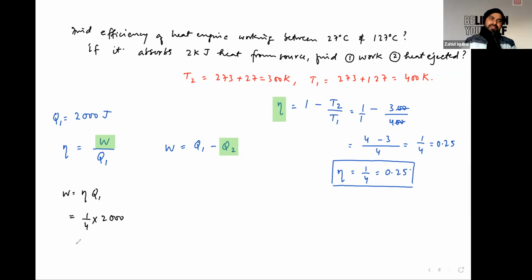So 2000 divided by 4 will be 500. Good. So it will be 500 joule that is work done in this part. Now put these two values in this middle one, you will get Q2. Work done we have 500 and Q1 we have 2000. So just simplify it to find Q2.